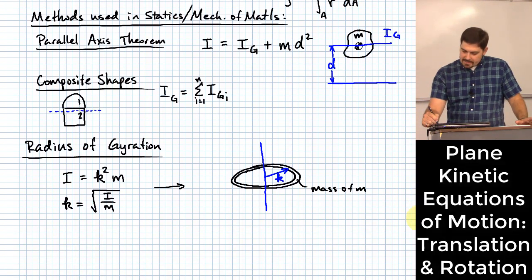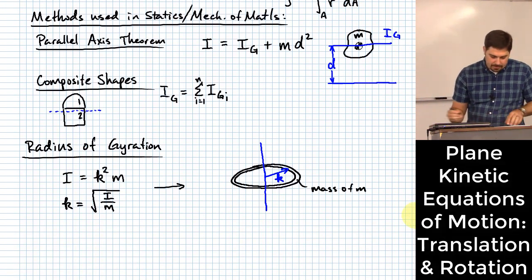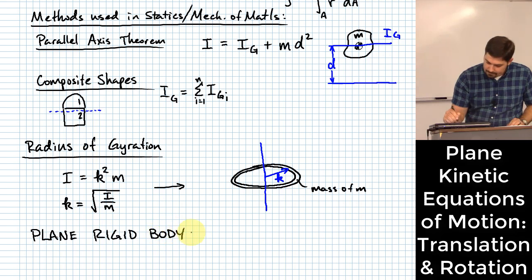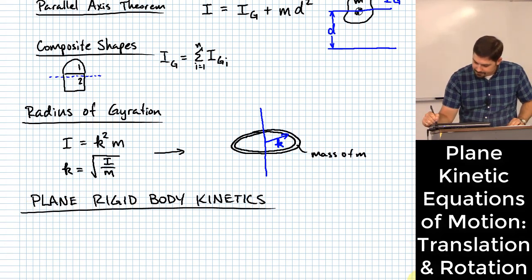All right, so then the last little bit of background that I want to talk through is, what does the process look like here a little bit? So the idea of plane rigid body kinetics. Okay, here's what it looks like.